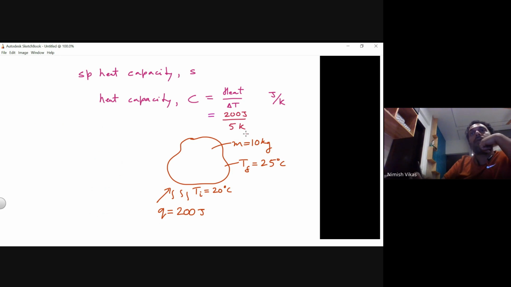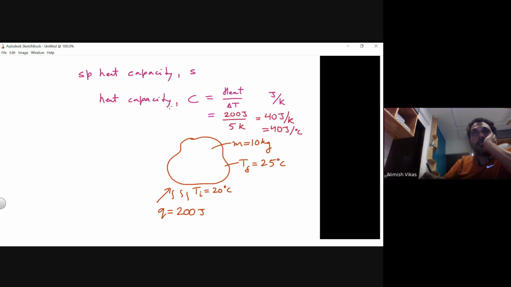So that is 40 joules per Kelvin or 40 joules per degree Celsius. That means you provide 40 joules of heat and it changes by 1 degree Celsius.